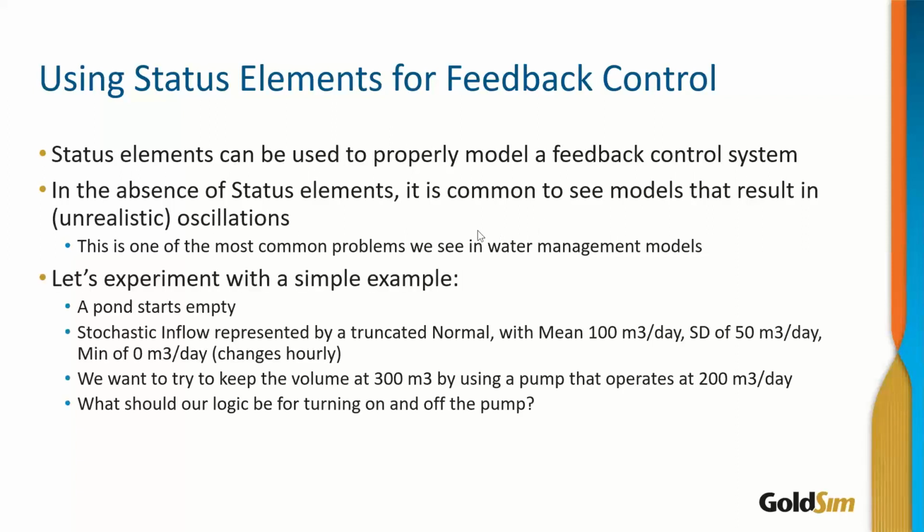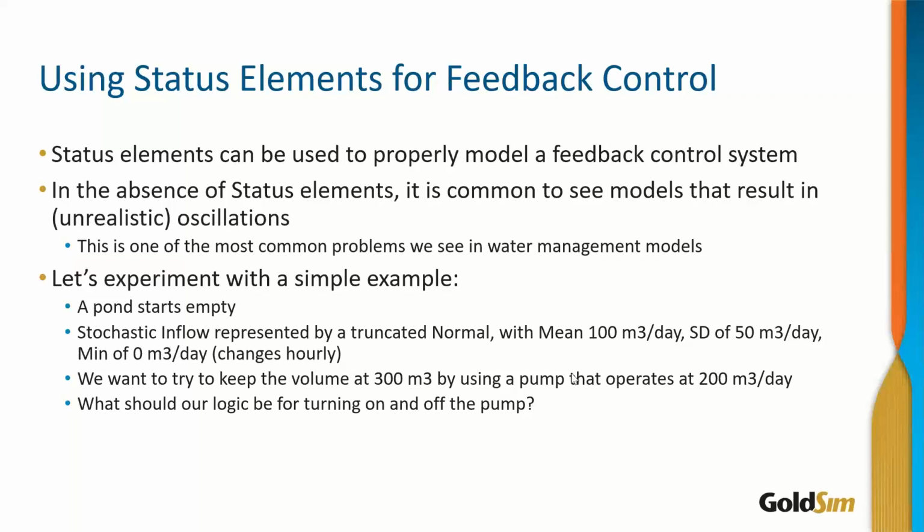So let's talk about an example of that. Let's say we have an empty pond and we're putting water into it at some flow rate, around 100 cubic meters per day. We want to try to keep the volume at 300 cubic meters by turning a pump on and off, right? The pump pumps at a higher rate than the inflow, so we can easily control the water level. So when people look at this, they say, well, how would I do that?